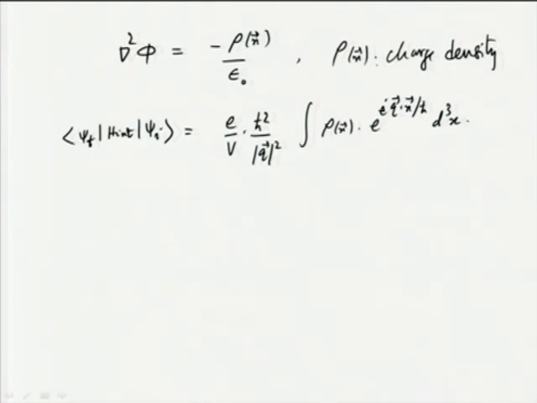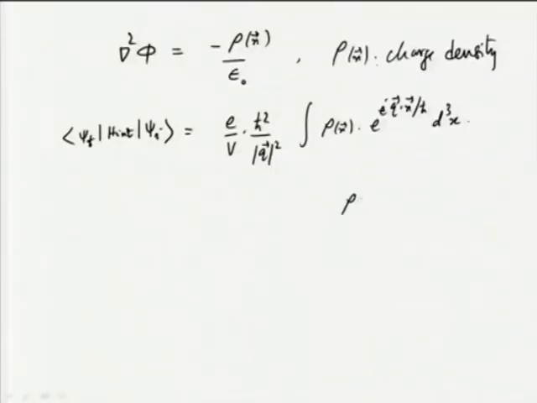Now, this phi is the electrostatic potential seen by the electron, and that is due to the presence of the nucleus in our present case. And we know that the nucleus has a charge Z e.